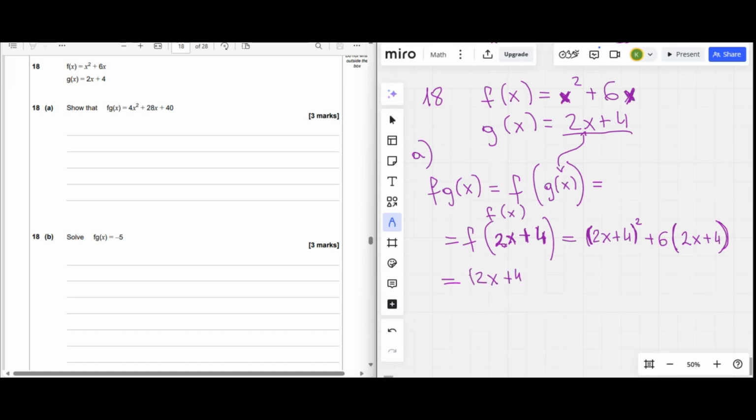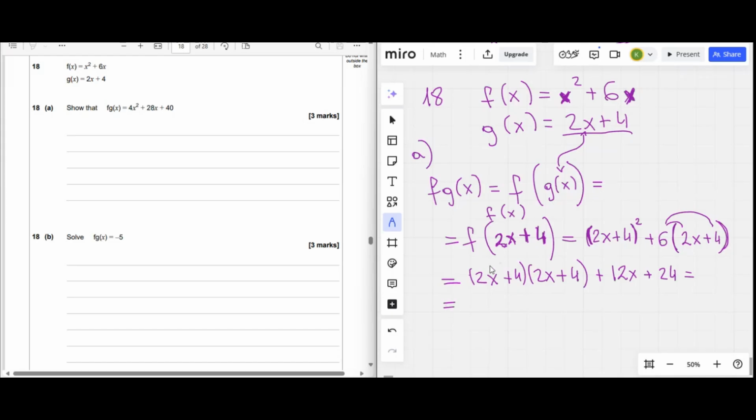2x plus 4 times 2x plus 4, because it means the square, right? Plus 6 times 2, 12x, plus 6 times 4, 24.